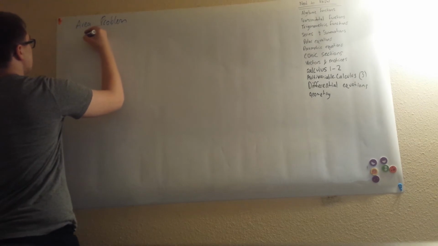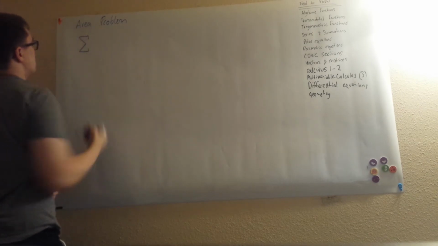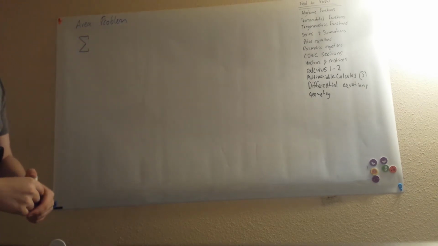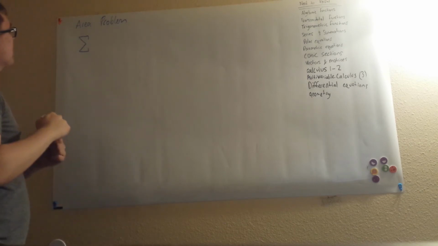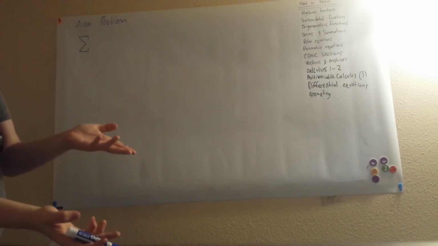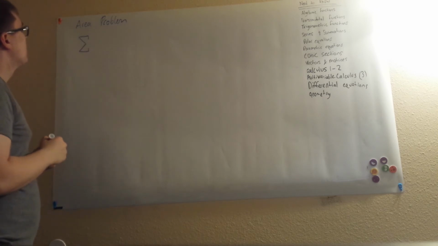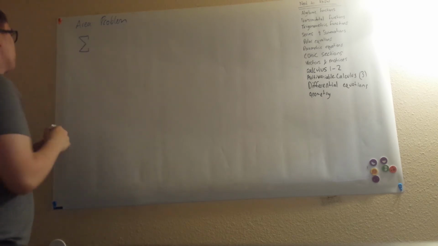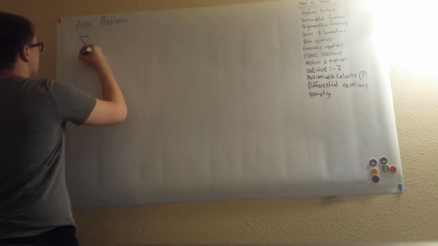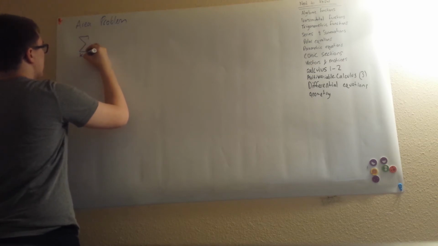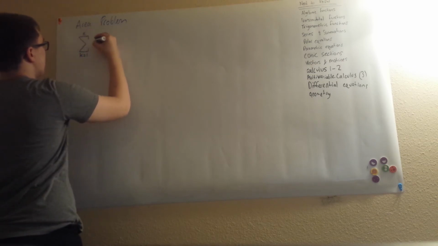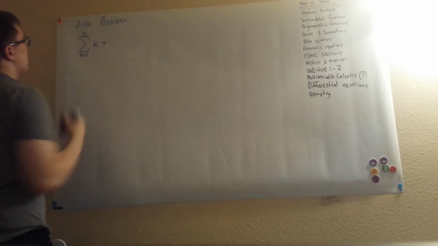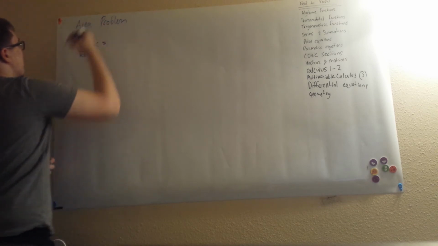Summation notation uses a little sigma symbol, right? And it means summation. So let's figure out what this is, with a sum from k equals 1 to 5 of k.